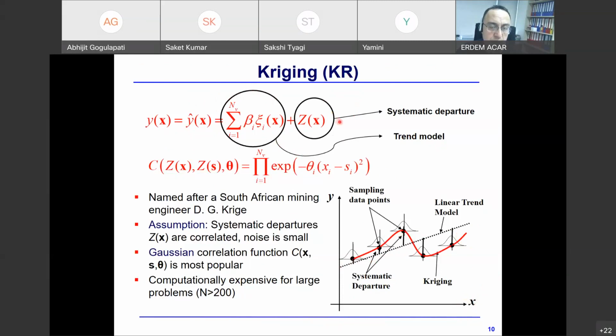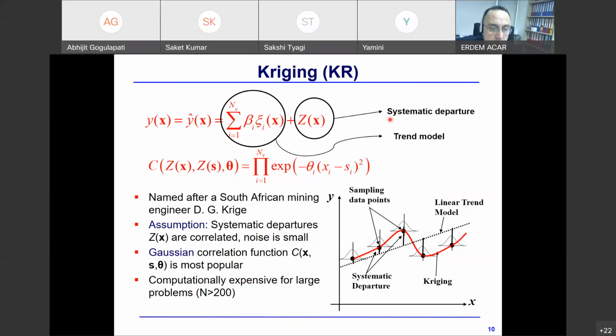And the second term is about systematic departure. Now, this kriging is named after a South African mining engineer, D.G. Krige. And the assumption in kriging is that these systematic departures that I mentioned are correlated and noise is small.